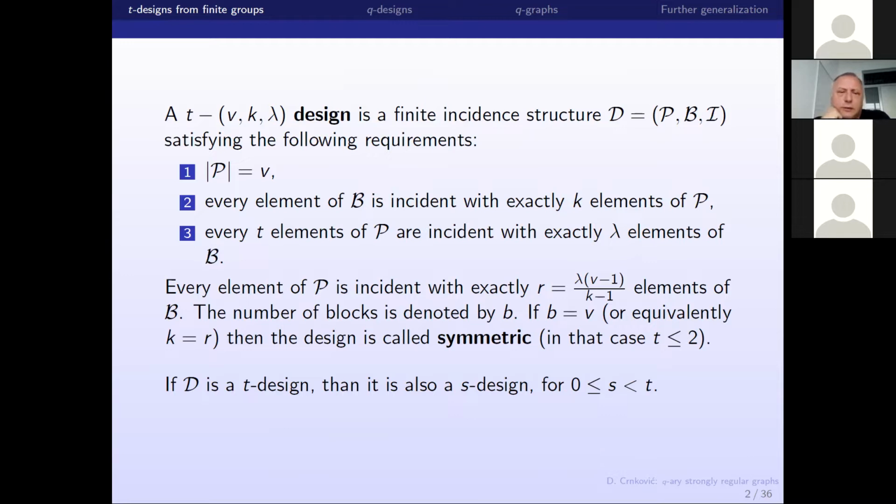A very important case is when the number of blocks is equal to the number of points, and in that case we call the design symmetric. It is well known that when a design is symmetric, then t is at most 2. It is also very well known that if we have a t-design, then this design is also an s-design for s between 0 and t, and that is actually important for our construction here.